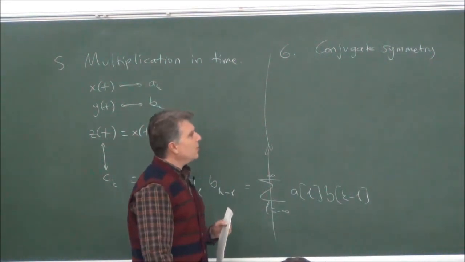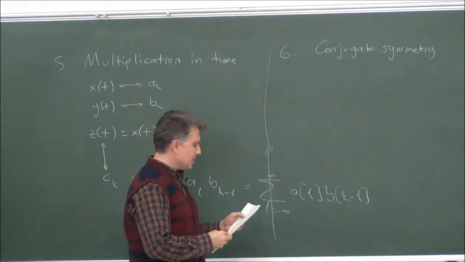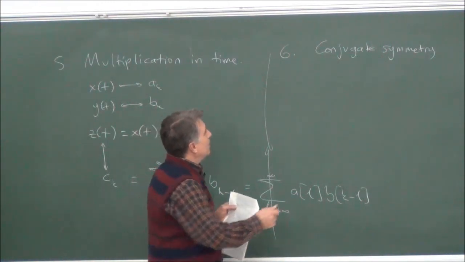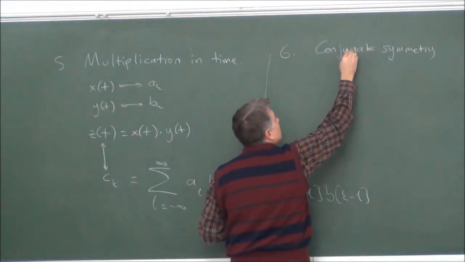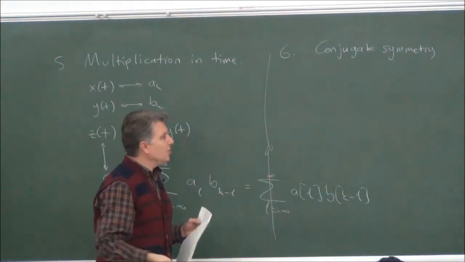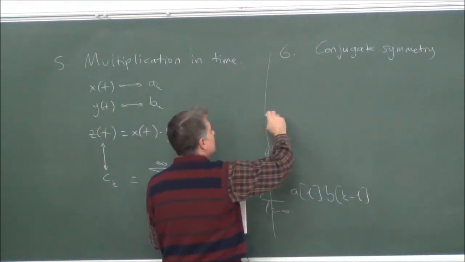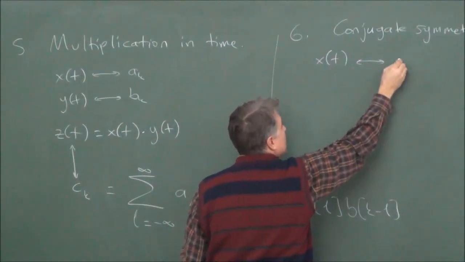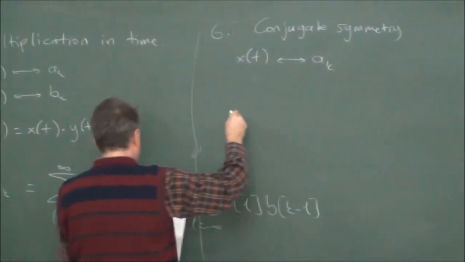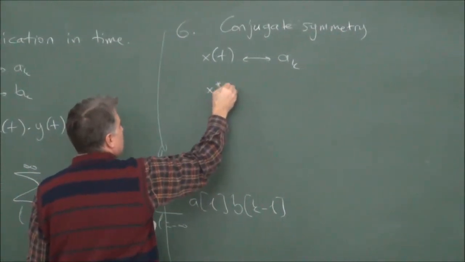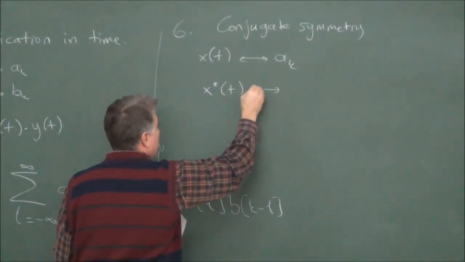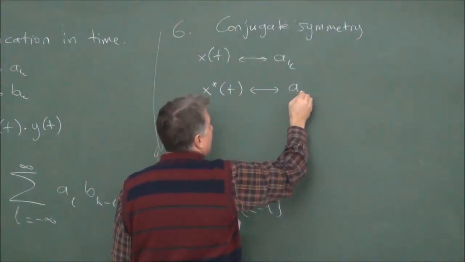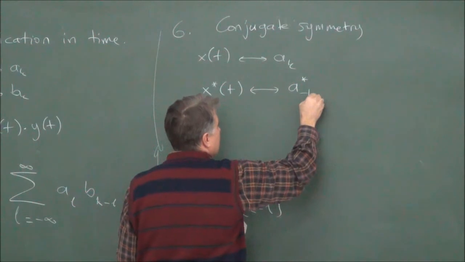Although we work with real examples in most cases, the signals could also be complex valued. So this general form is more important for us. If x(t) has Fourier series coefficients of a_k, then x conjugate of t will have the Fourier series coefficients of a conjugate of minus k.